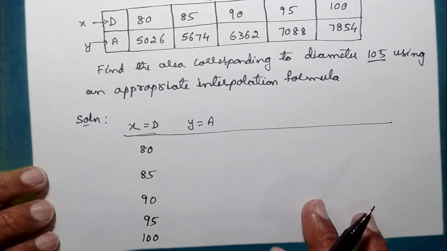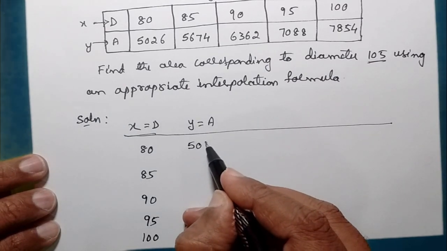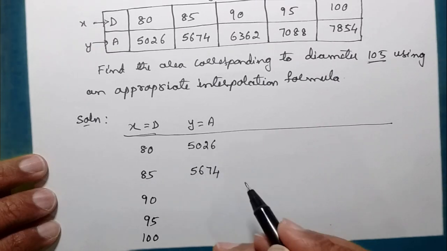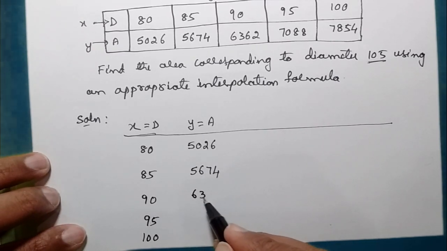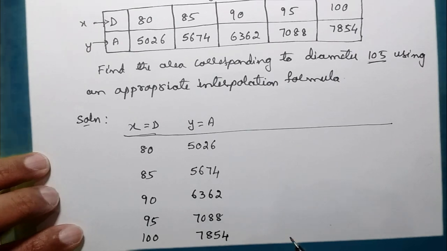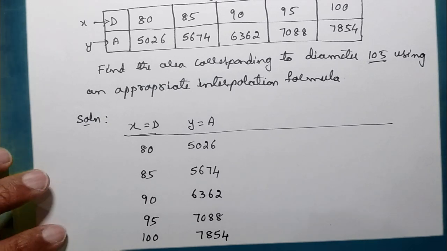These are the values of x. Values of y are 5026, 5674, 6362, 7088, 7854. So values of x and values of y are given.